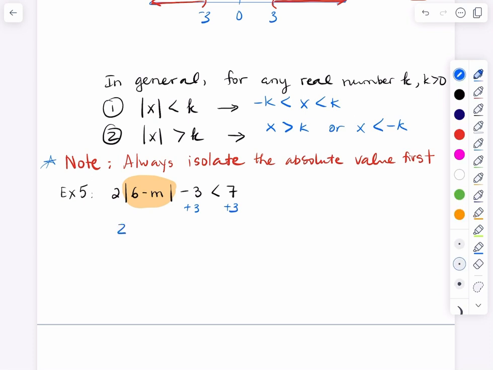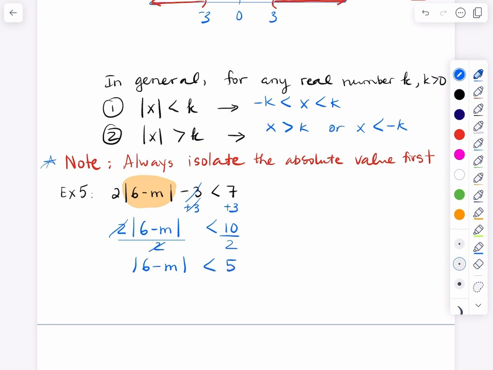So then we have 2 times absolute value of 6 minus m is less than 10. The negative 3 and 3 would cancel. We can isolate further by dividing both sides by 2. Since the 2 is on the outside, we can still isolate that absolute value a little more. So this will give you 5.